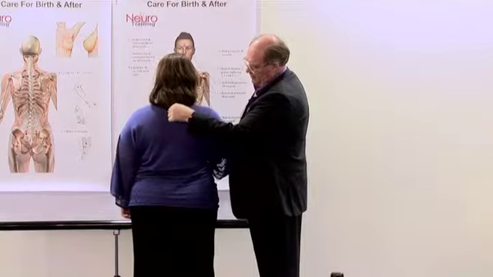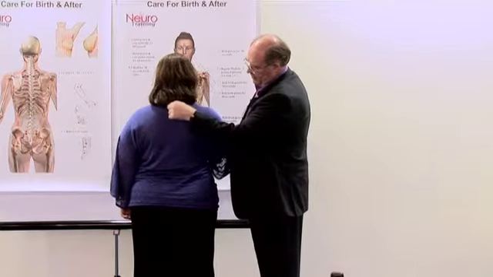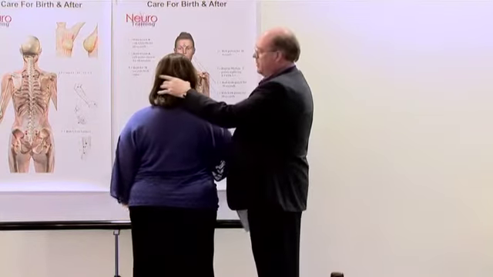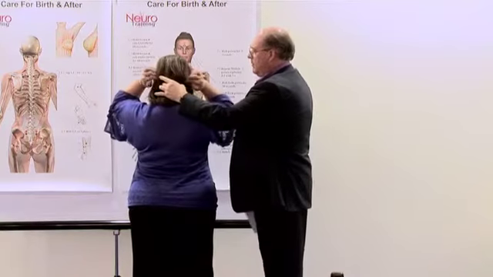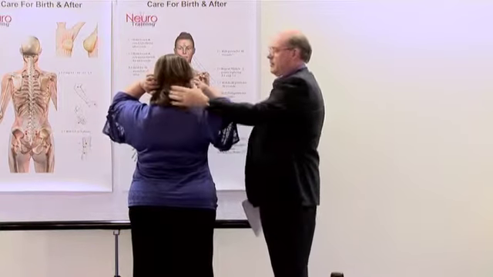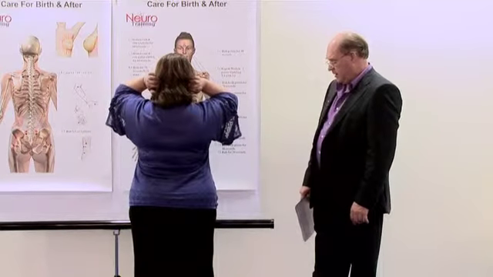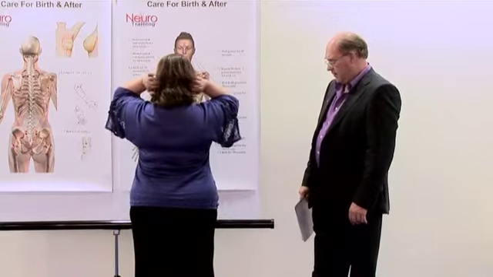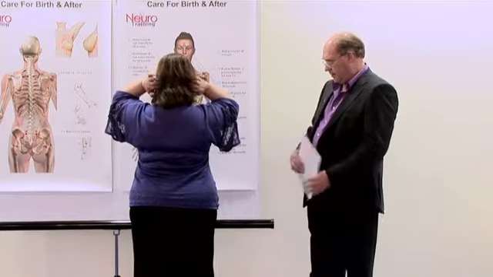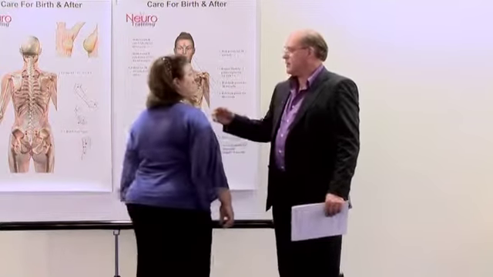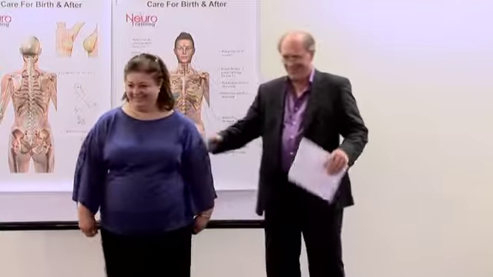Breathe in. Breathe out. And if you can tap here and here, down a little bit. There you go. And big breath in and out. Great. Good. Thank you very much.